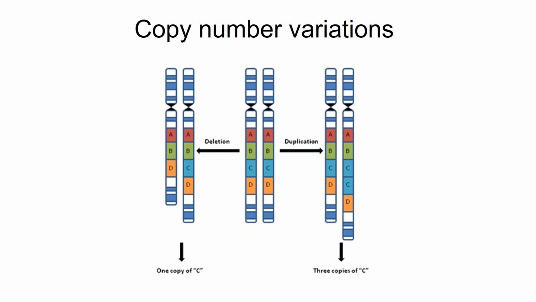Specifically, it is a type of duplication or deletion event that affects a considerable number of base pairs, usually more than 1,000 base pairs. So here we can see that this is the normal, but here we don't have a C, we only have one copy of C, a deletion, and here we have a duplication. In this chromosome, we have two C segments, so we have 3 copies of C. This is a copy number variation.